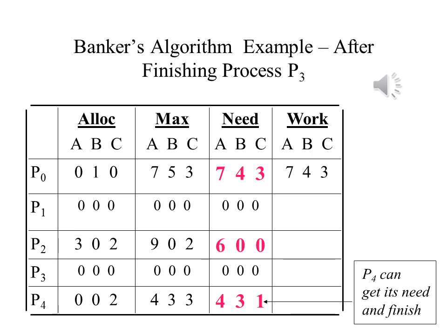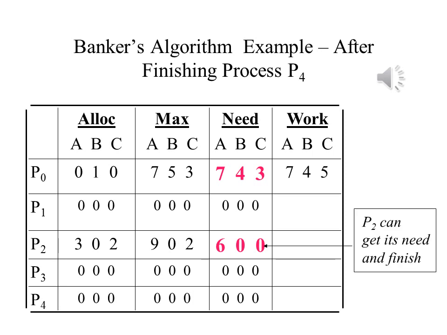Once P3 finishes, we reallocate its 2 A's, 1 B, and 1 C, making 7 A's, 4 B's, and 3 C's available for reallocation. Now we can finish P4. We can now free up the 2 C's that belong to P4. And now we have 7 A's, 4 B's, and 5 C's.